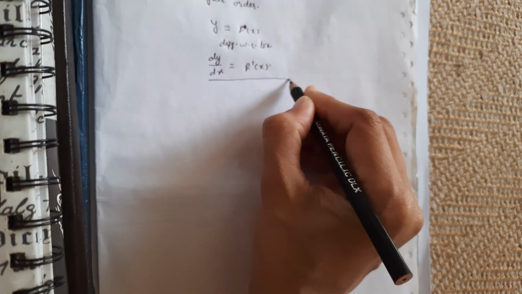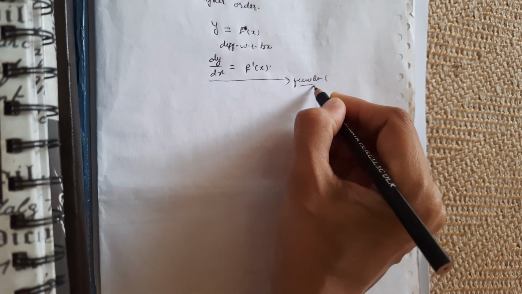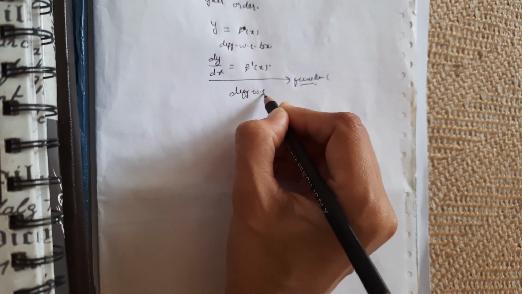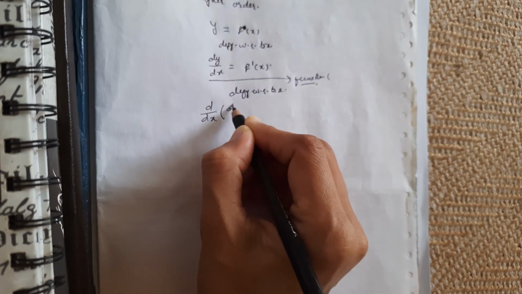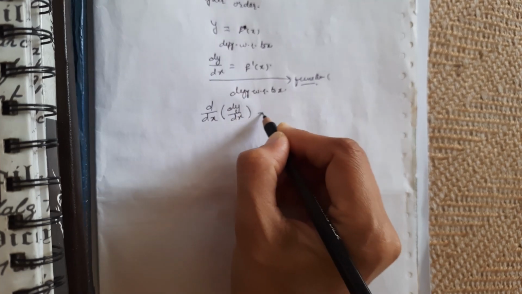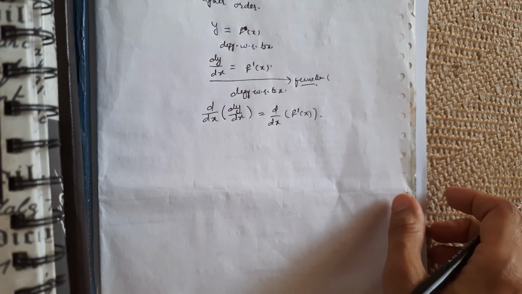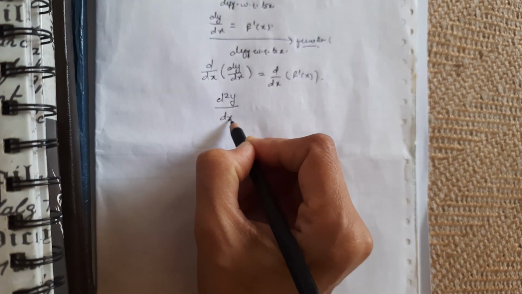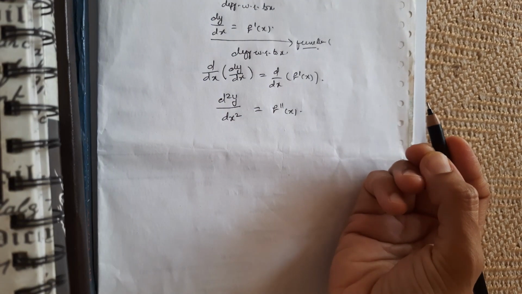Now if this derivative is again a function, and I differentiate with respect to x again, then I need to operate d/dx on this, dy by dx equal to d/dx of f dash of x, and we write it as d2y by dx square equal to f2 dash of x.